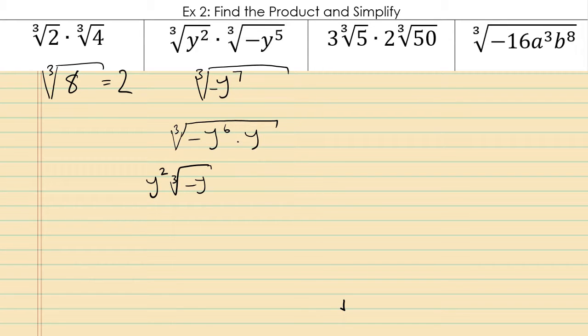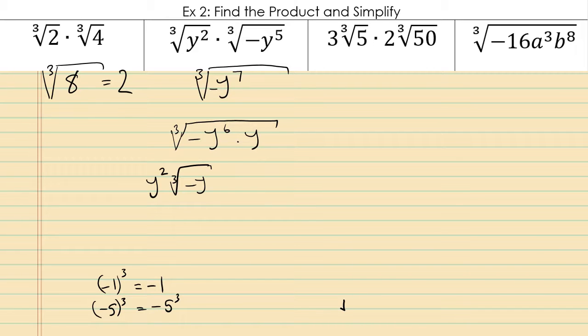Now, one thing with the cube root and the negatives is that just like when you have a negative number to the 3rd power, it is still a negative number. Let's say negative 5 to the 3rd power is the same as negative of 5 to the 3rd power.